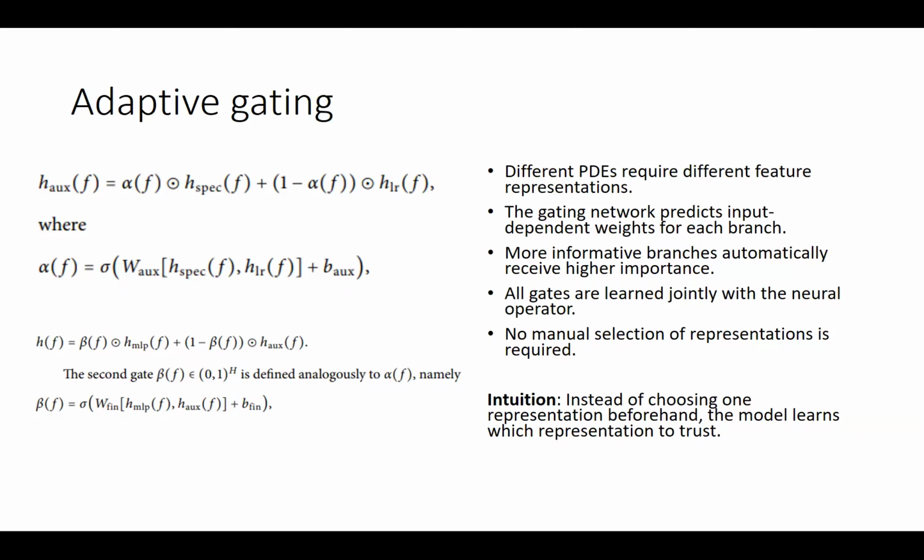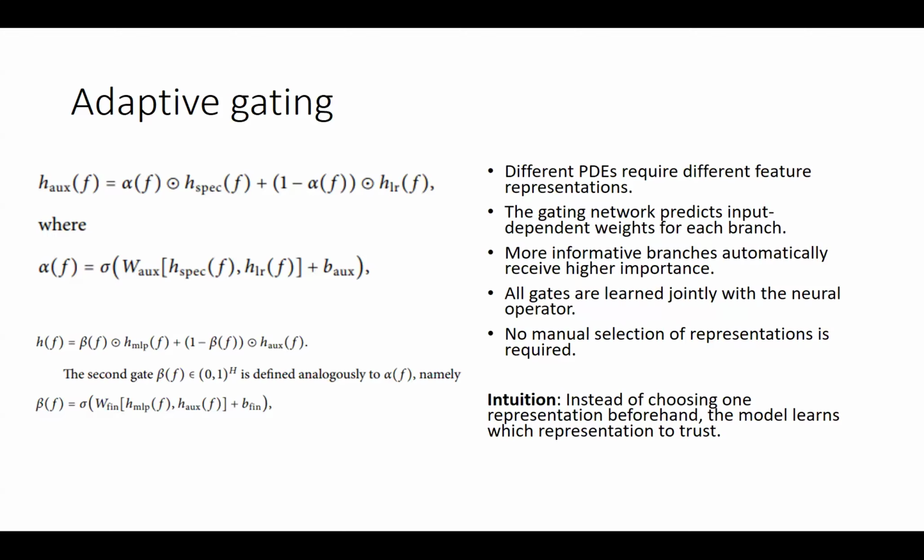In the first equation, we have h_spec, the Chebyshev branch, and the low-rank embedding h_LR. They are fused using a gating vector alpha of f. Here, alpha of f is computed by concatenating the embeddings and applying an element-wise sigmoid function sigma.